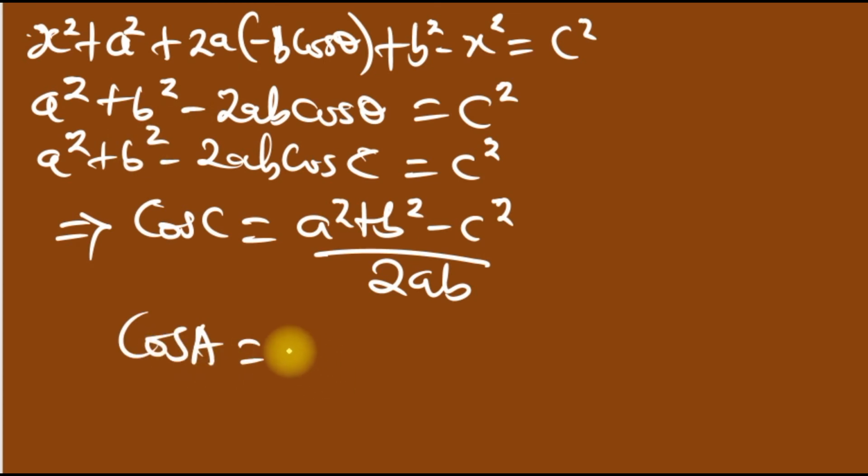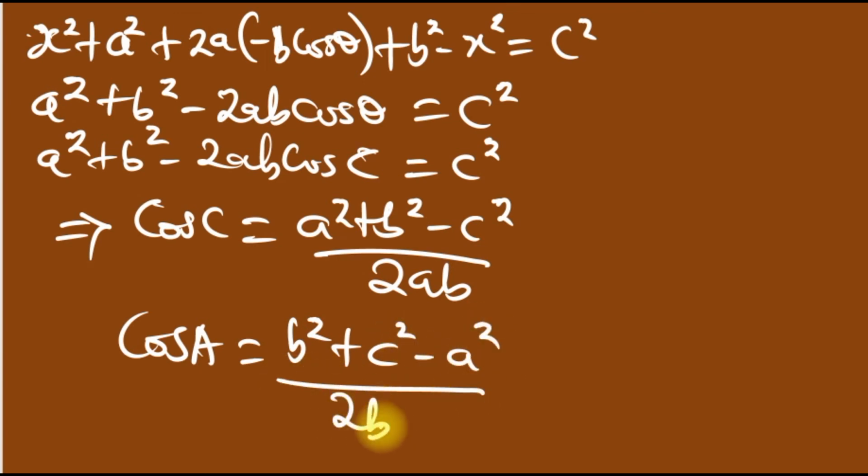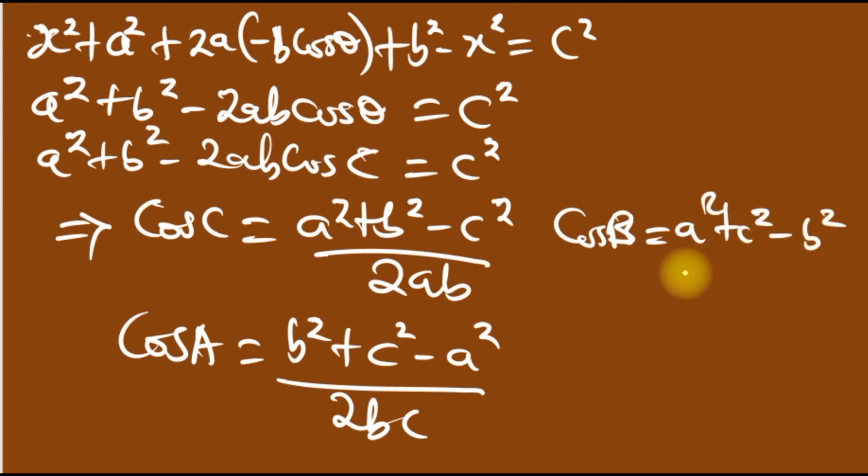Make cos A the subject of formula, you have b squared plus c squared minus a squared over 2bc. And finally, if you make cos B the subject of formula, you have a squared plus c squared minus b squared over 2ac. So we use cosine rule if you are given three sides, or if you are given two sides and an included angle.